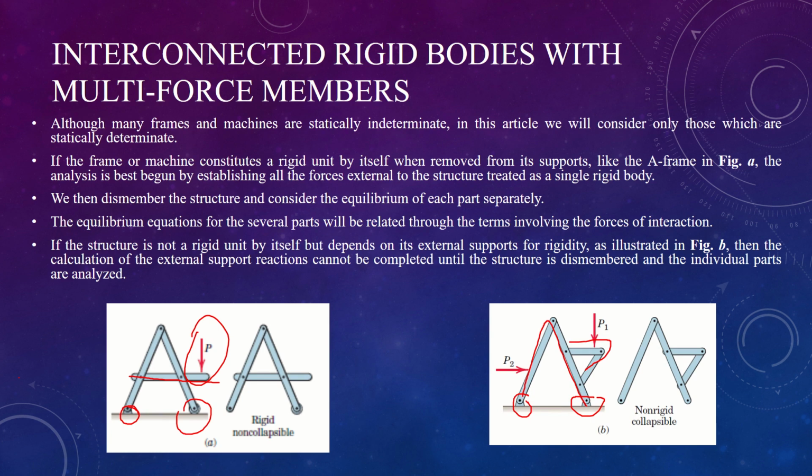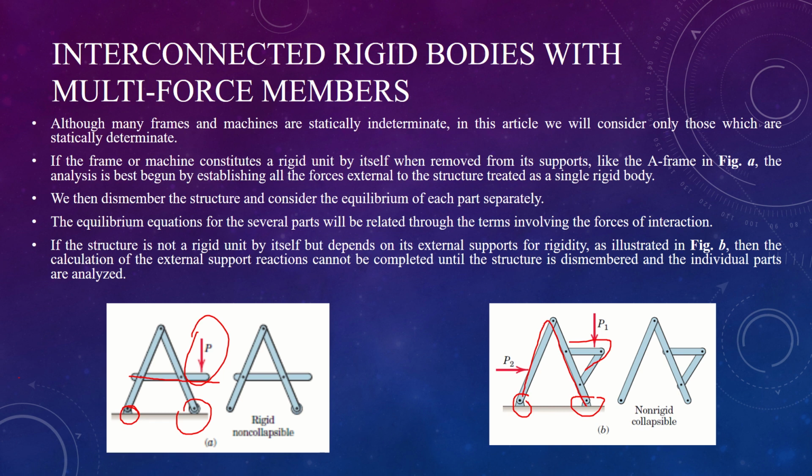The equilibrium equations for the several parts will be related through the terms involving the forces of interaction. Now, if the structure is not rigid by itself, but depends on the external supports for rigidity, as you can see in figure B, then the calculation of the external support reactions cannot be completed until the structure is dismembered and the individual parts are analyzed.